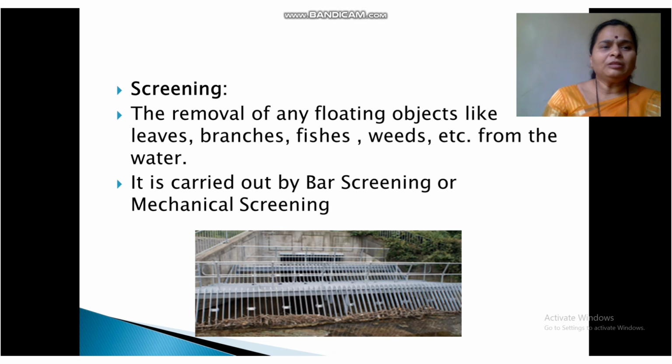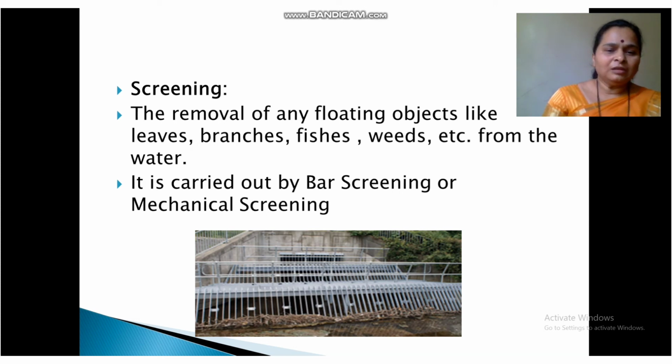Then the second method is screening, that is removal of floating objects like leaves, branches, fishes, weeds, etc. They can be removed from the water by this technique, which is known as screening. It is carried out by bar screening or mechanical screening.